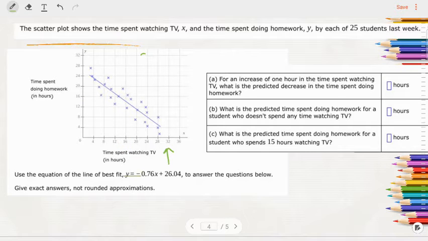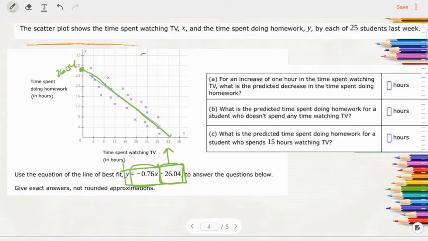But notice down here, and this is what you want to use for every single problem. Without this equation, we're kind of lost on this assignment. This equation right here represents this line. This represents the y-intercept, or where it starts. So this point where it starts is 26.04 exactly. My slope is saying that it is negative.